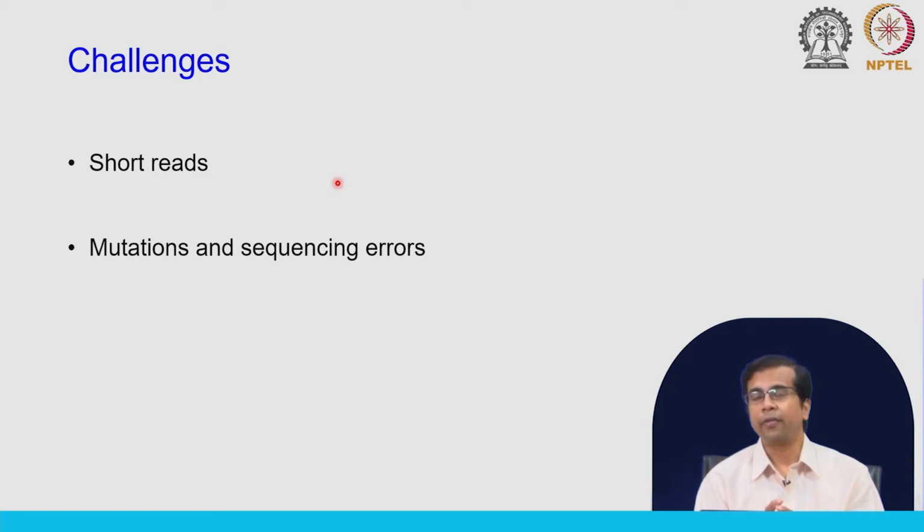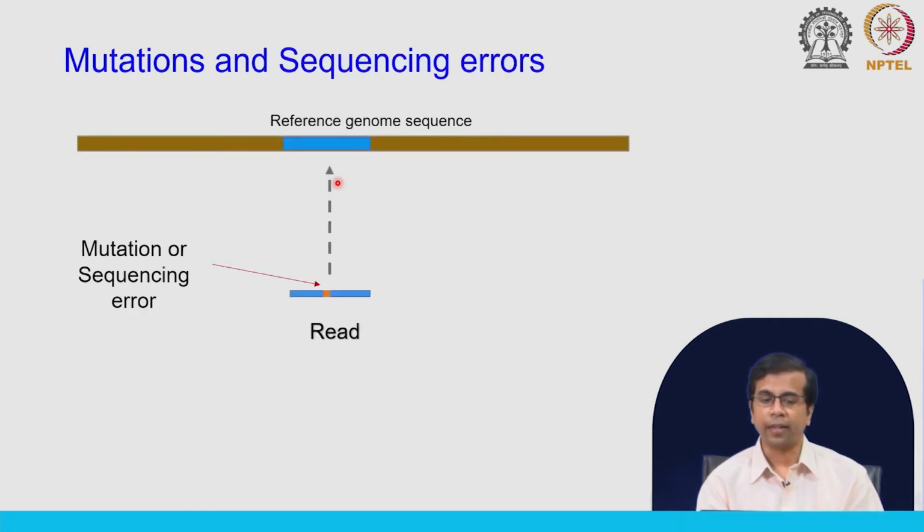If you have a sequencing error, one of these bases will be changed to something else, and you probably will not find any match in the reference genome. So, there is no perfect match. This is something you have to consider while doing the mapping. Any algorithm, any tool that does mapping will have to consider that there may not be a perfect match, and we would have to find the best match. So, this is again a challenge.